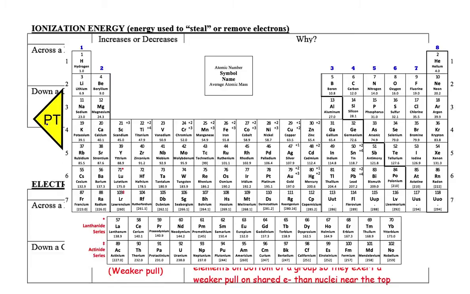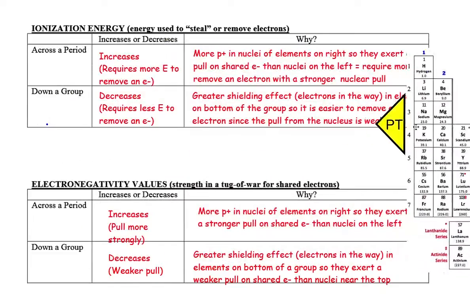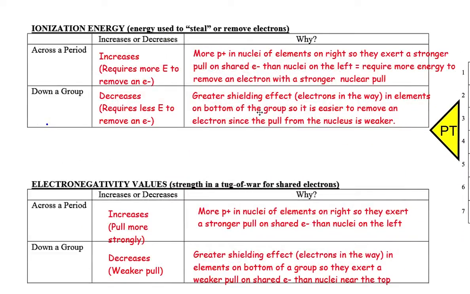So pause for a second, read through the explanations here, make sure that you understand them. And again, it comes down to the same 2 factors. As you go across, it's always more protons, stronger pull. And then as you go down, more energy levels. So we have more electrons in the way and greater shielding effect. The nucleus can't pull on the electrons as much if they're farther away than if they're closer.